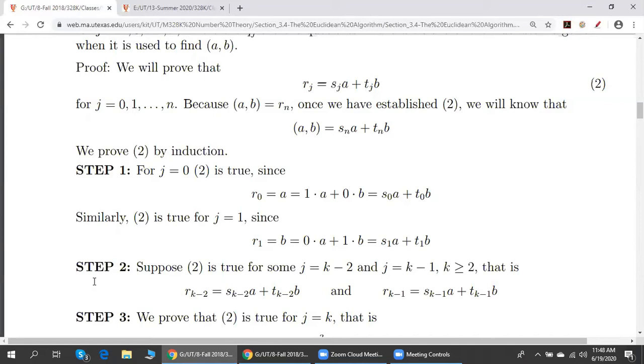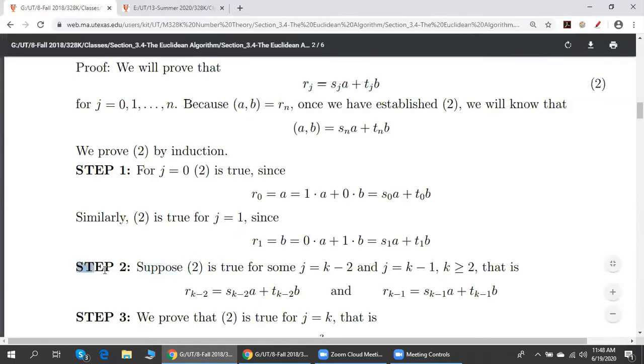Next, step 2. Since in step 1, we show that this is true for both j is equal to 0 and j is equal to 1, we can safely suppose in step 2 that this is true for some j is equal to k minus 2 and j is equal to k minus 1, where k is greater or equal to 2.